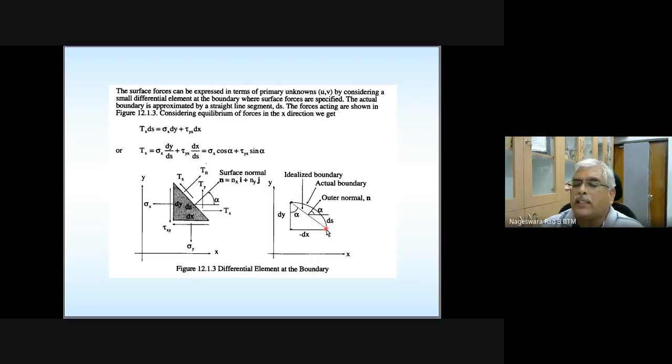On the idealized boundary, if it is a straight line, the outer normal remains constant. So this is the actual boundary, this is the idealized boundary. I'm showing that boundary here. On that boundary, forces are acting: force in the x direction, force in the y direction.